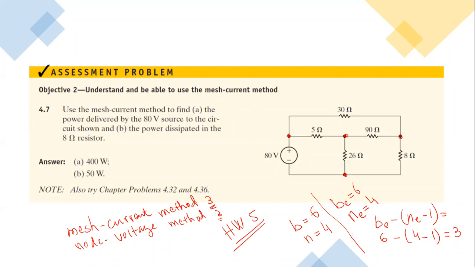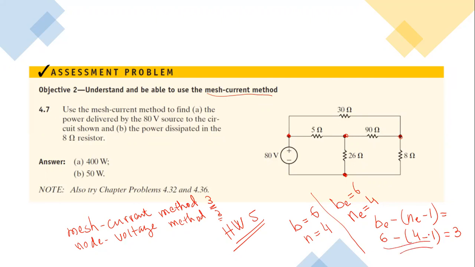Yeah, very clear. Okay, but we will use mesh analysis because the examiner asks us to use the mesh current method, although the node voltage method here is more appropriate. So the first step we need to do, we already calculated the number of equations.